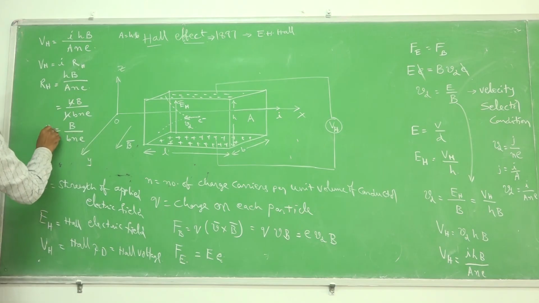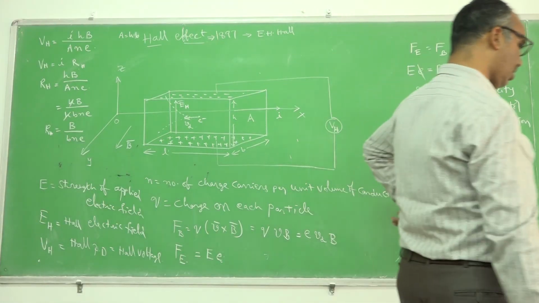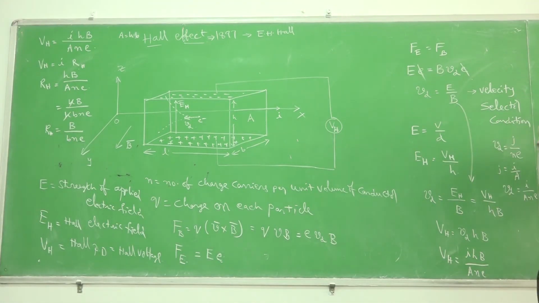This is called Hall resistance. So in this way, we are able to calculate Hall potential as well as Hall resistance.